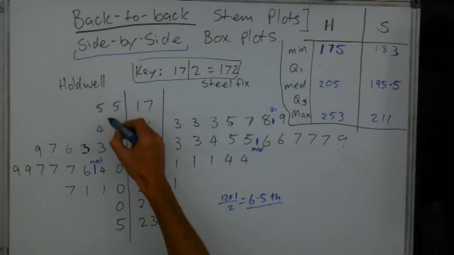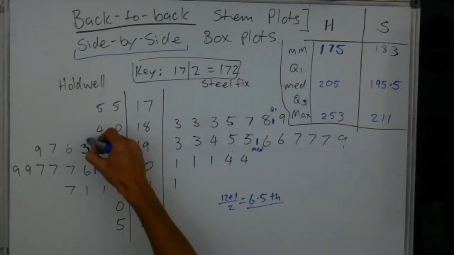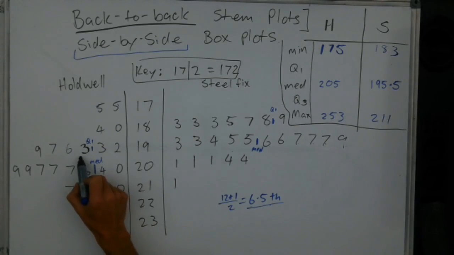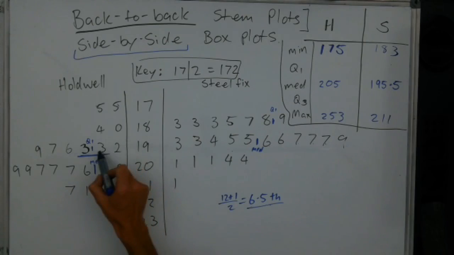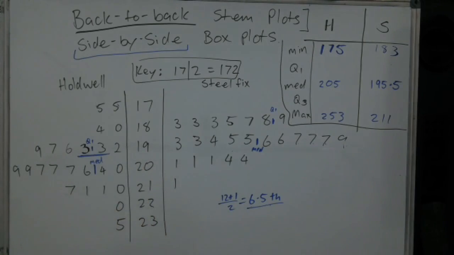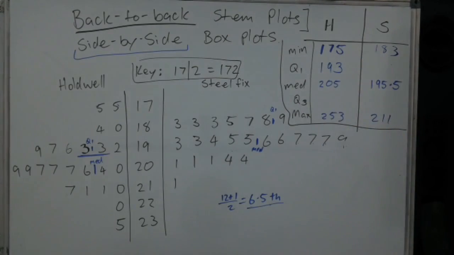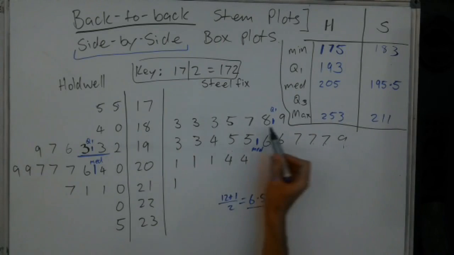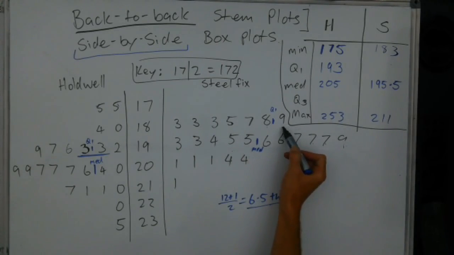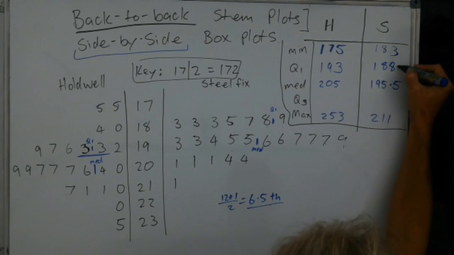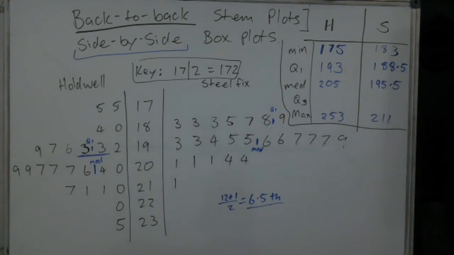1, 2, 3, 4, 5, 6. That's our Q1 there. So Holdwell, that's nice and easy because they're both the same. 193 and 193. Two lots of 193 divided by 2 is 193. Over here, it's the average of 188 and 189, which is 188.5.